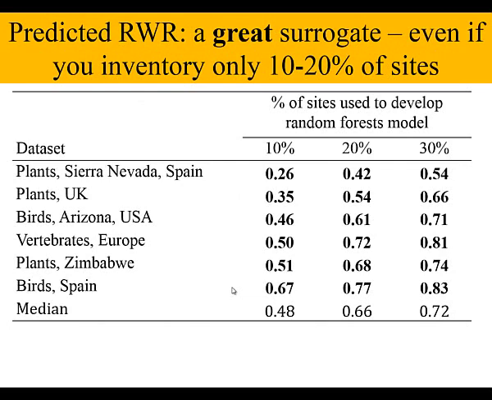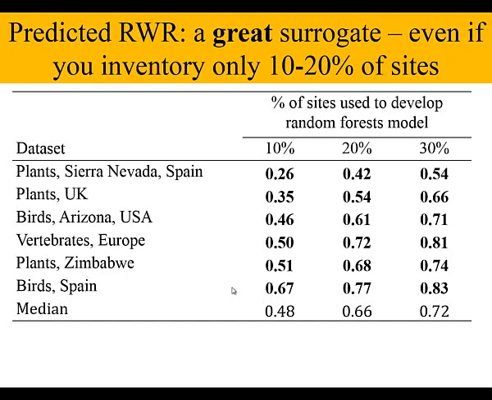You'll notice that on average, our median with a 10% sample was 48% effectiveness. So we did 48%, half as well as having perfect knowledge with a 10% sample of our sites. If we sample 20% of our sites, we're 2/3 as good as having perfect knowledge. So just phenomenal results, I think.